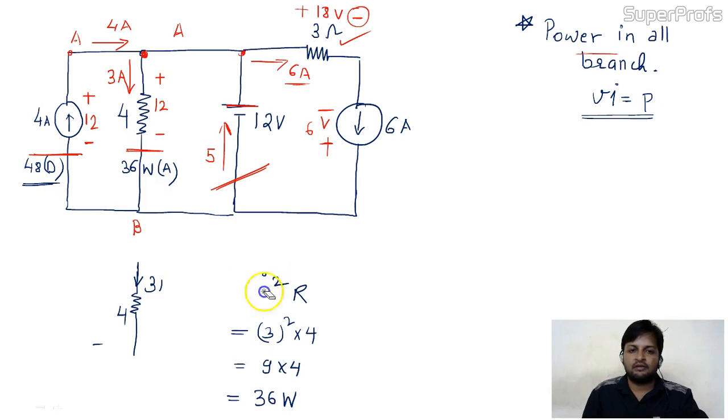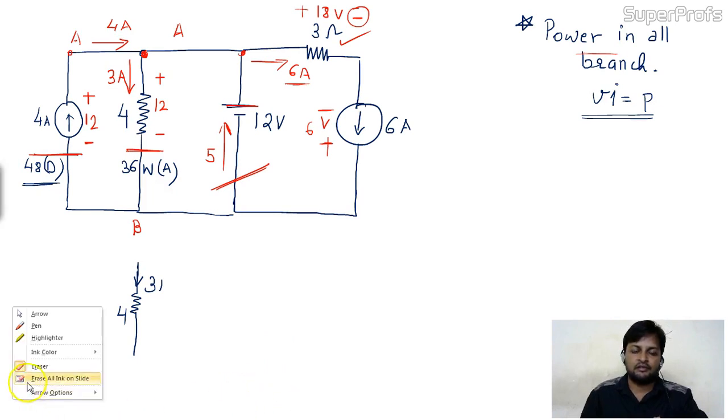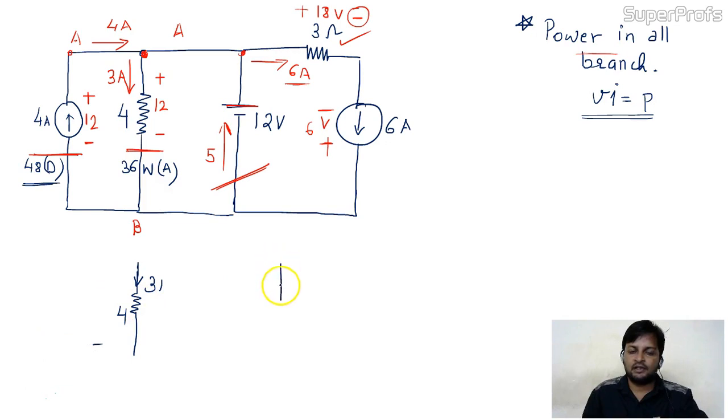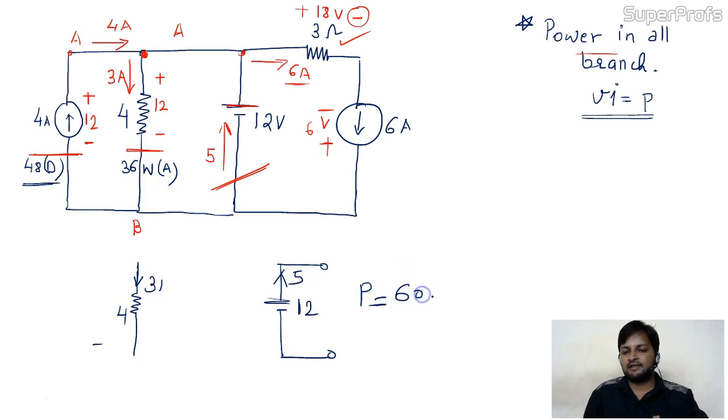Okay. Now come to the next, the independent voltage source. The independent source is given like this. The value of this is 12 volt and the current in this branch is given by 5. So again the calculation of power is easy. 12 5s are 60 watt.